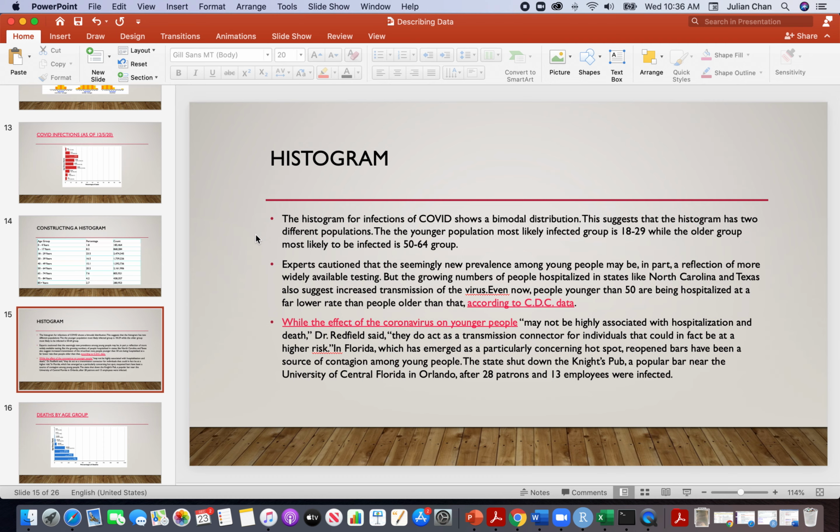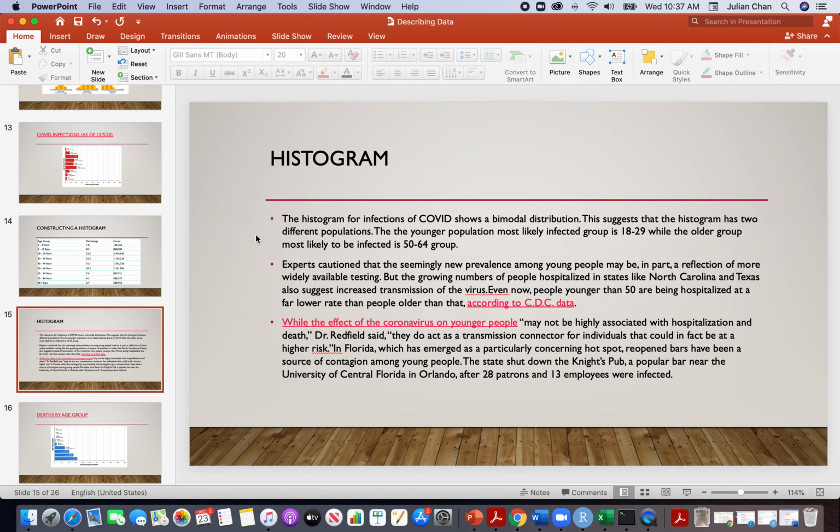While the effect of the coronavirus on younger people may not be highly associated with hospitalizations and death, they do act as a transmission connector for individuals that could in fact be at higher risk.